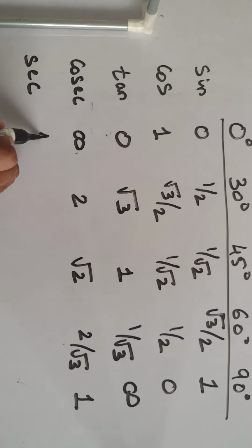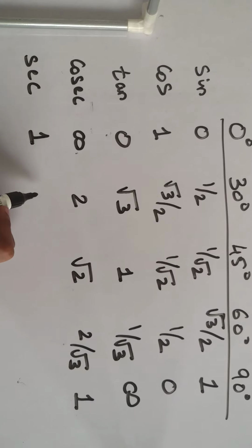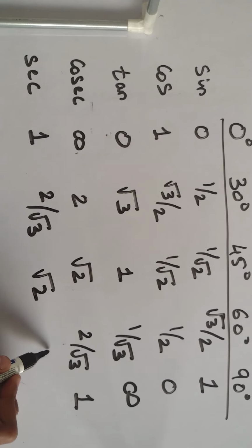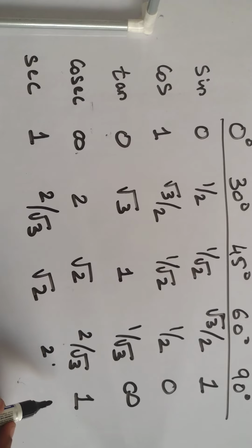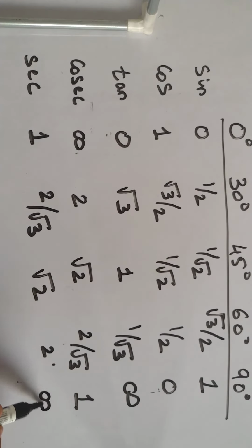So here I will get 1, here I will get 2 by root 3, here I will get root 2, here I will get 2, and here if you take the reciprocal of 0 I will get infinity.